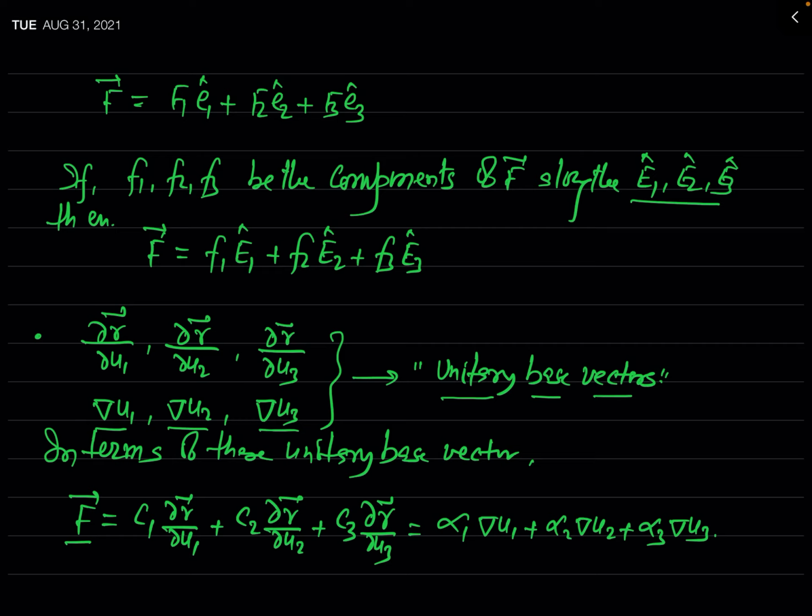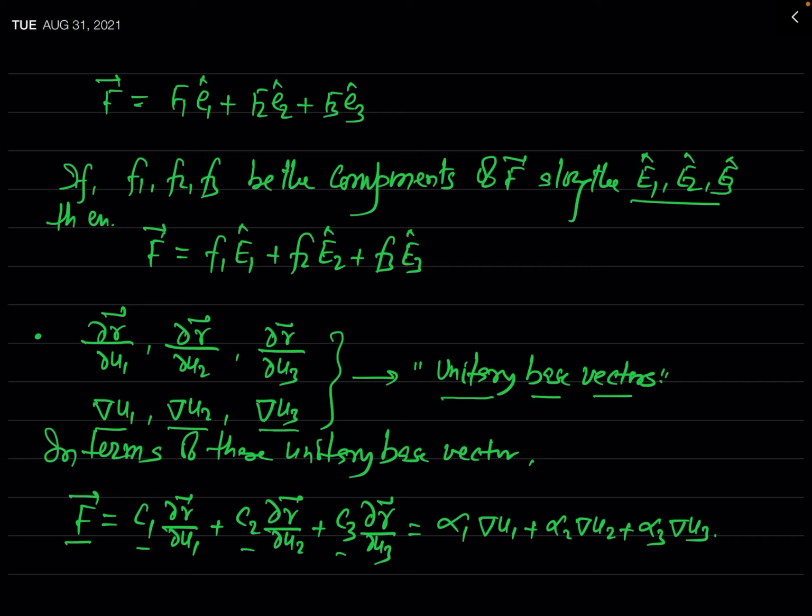Actually, this idea, as I have told you, is very useful while discussing the concept of linear vector space in quantum mechanics. And also, this idea is very useful in tensor analysis. When you study tensor analysis, you will see these components c1, c2 and c3 are known as the contravariant components of this vector f.